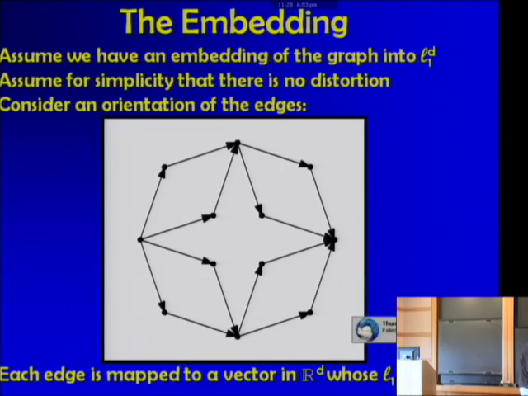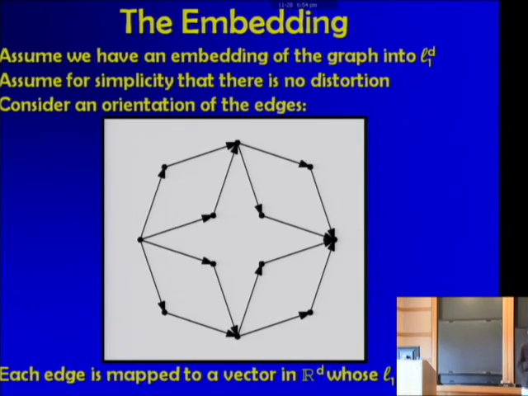But now each edge is mapped to a vector, the difference between the head and the tail, a vector in R to the D whose L1 norm is exactly 1. Because we assume we have an embedding into L1, and the distance on this edge is 1, it should be embedded into a vector in L1 to the D whose norm is 1.